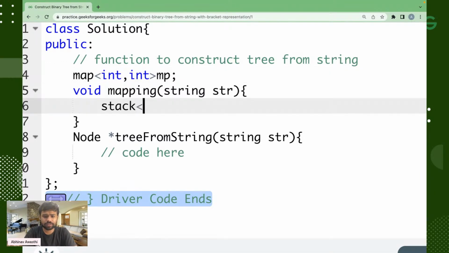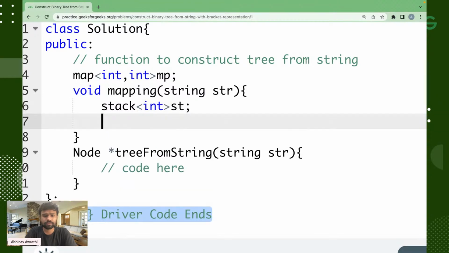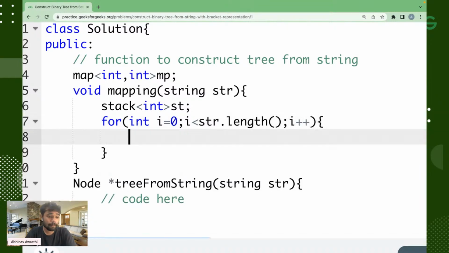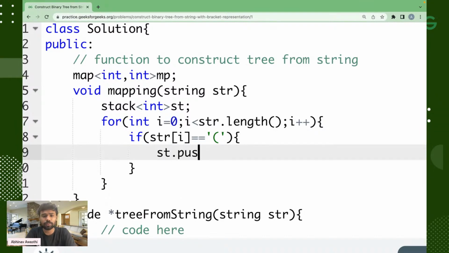Let's have a stack. Now just iterate. After that I think we will be having: if str of i is equal to opening bracket, then st dot push i.